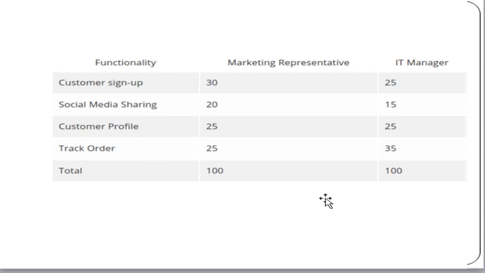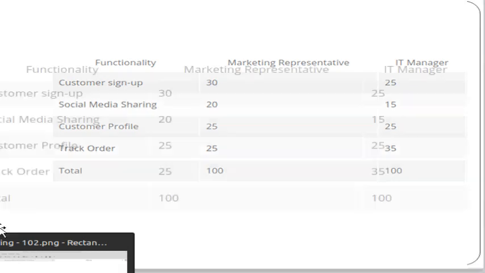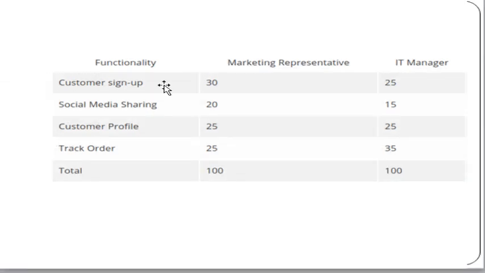Now see, first of all, whatever 100 points they have, they have divided these 100 points among the user stories. Now what is the priority, which story will have the priority?